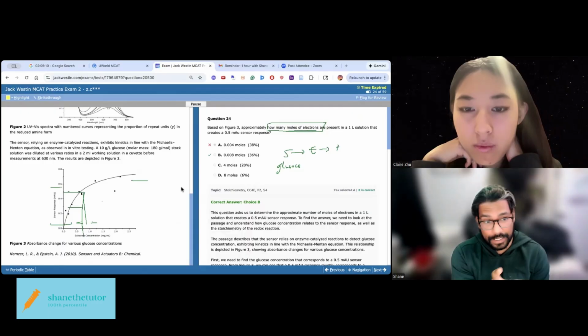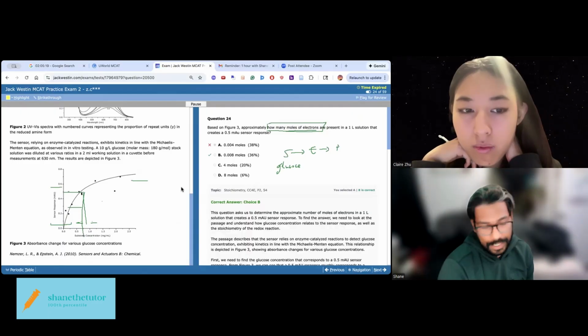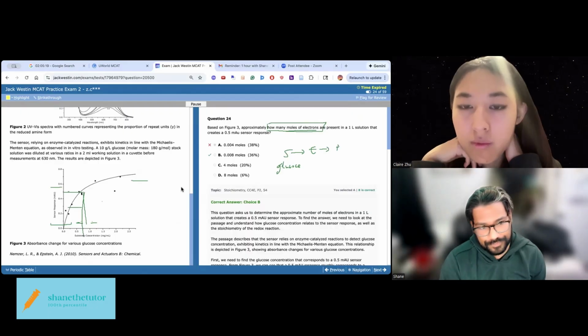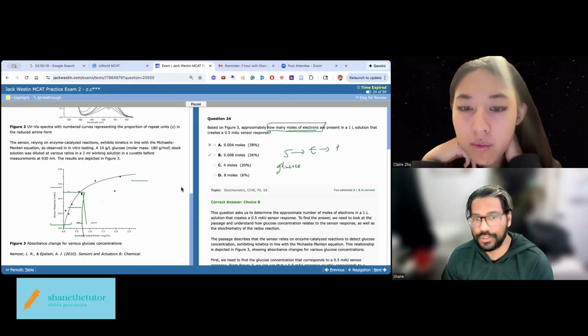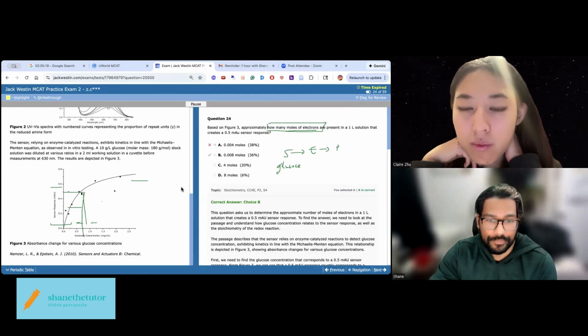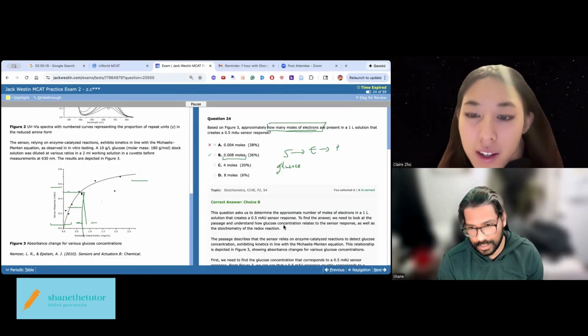And they said for each, there's going to be a 2 electron reduction. And so that's how we can connect it to this value here. Okay, that makes sense. Yeah.